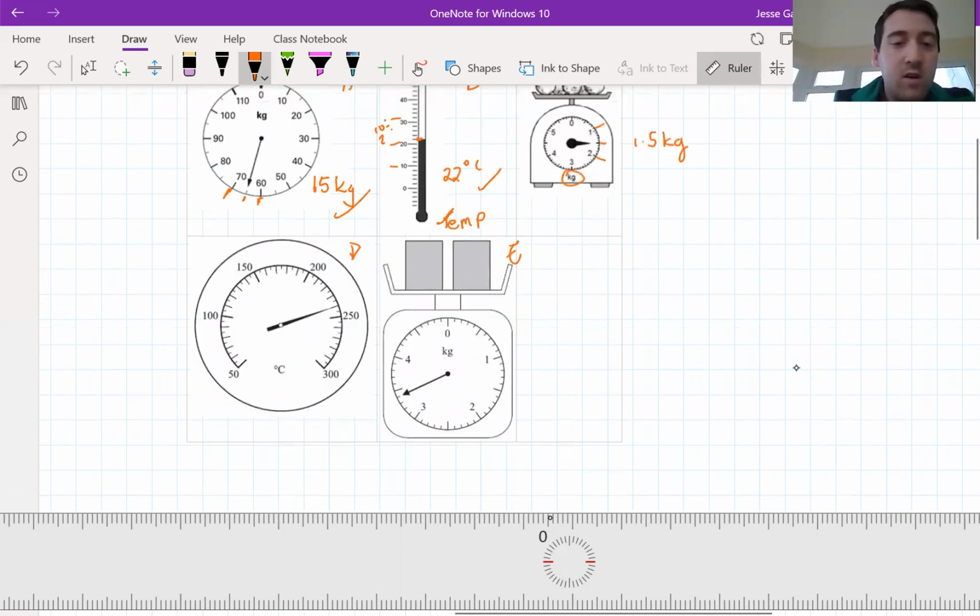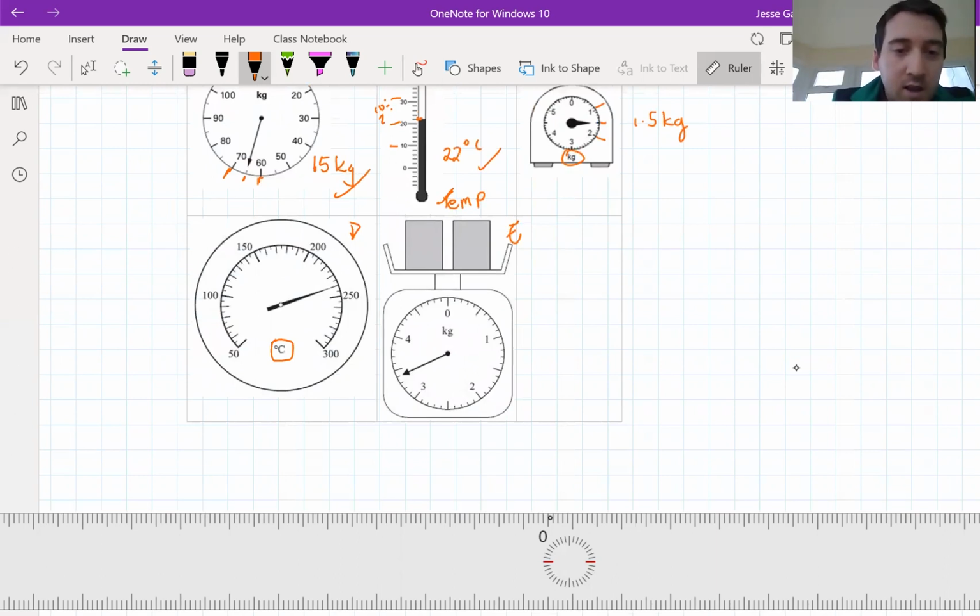The next one, look, the units are degrees Celsius. This is 200. This is 250, so the gap here is 50. There are 10 little squares. So each little square is worth 5 here. So this is going to be, this is 8 squares up.